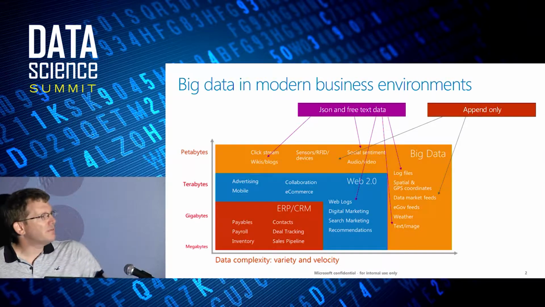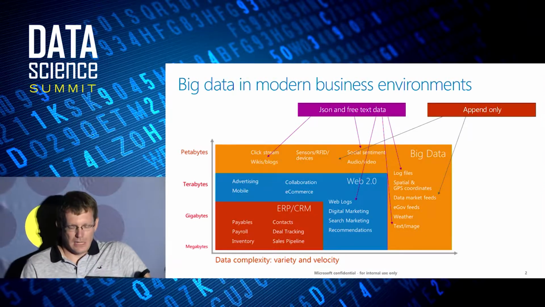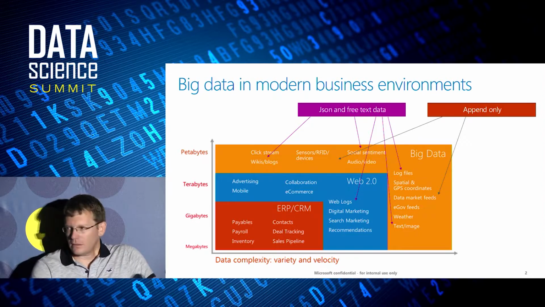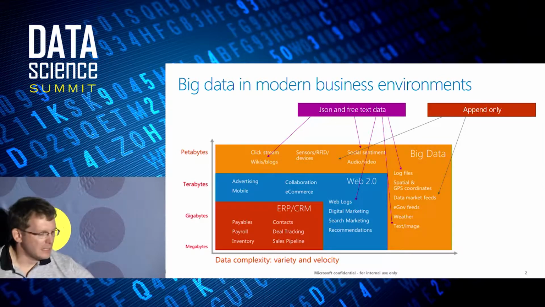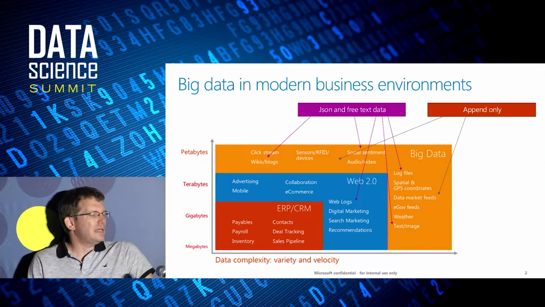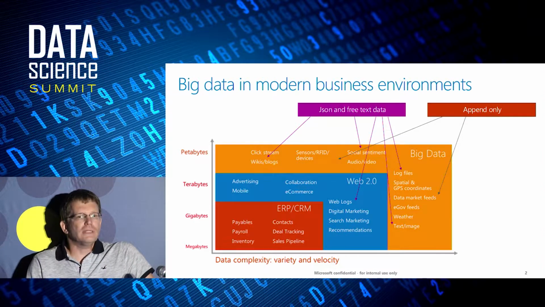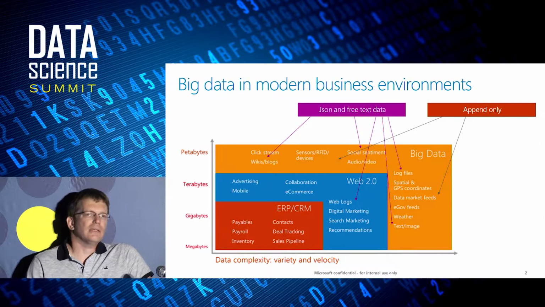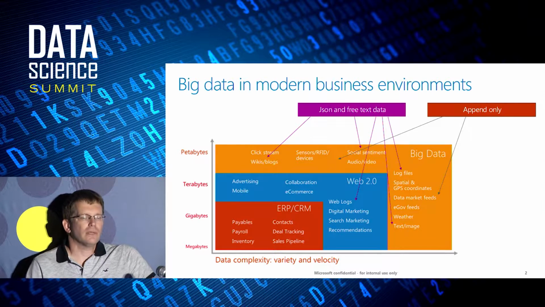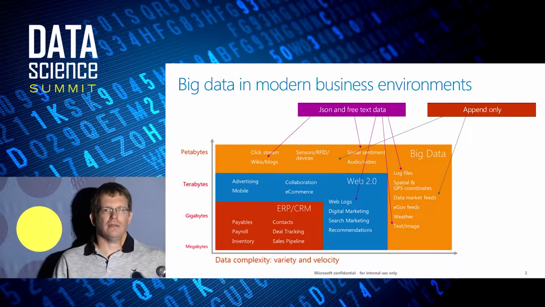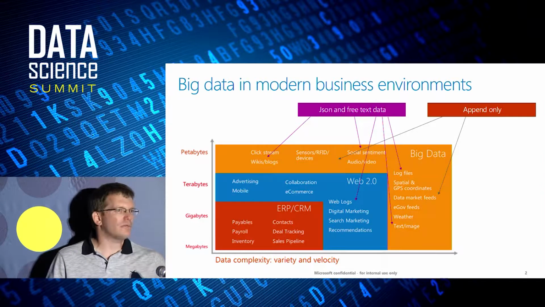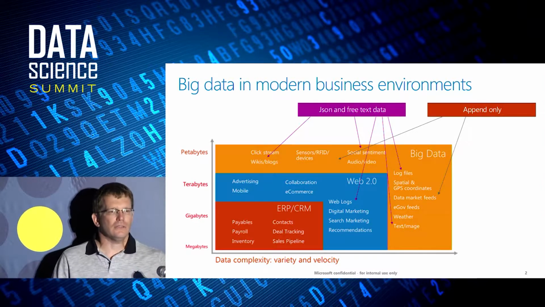The other aspect of it is the append-only nature of that. Most of this data is coming as a residual impact of an activity, something that happened that creates an imprint on the digital ecosystem.